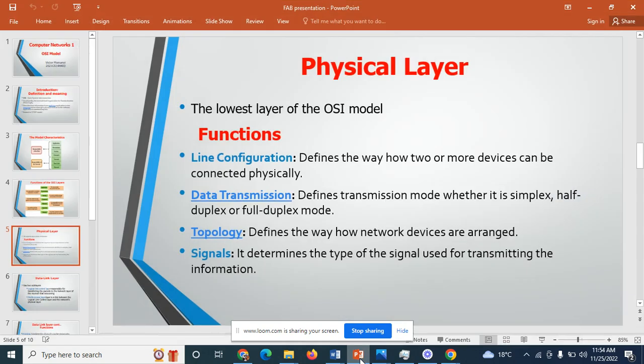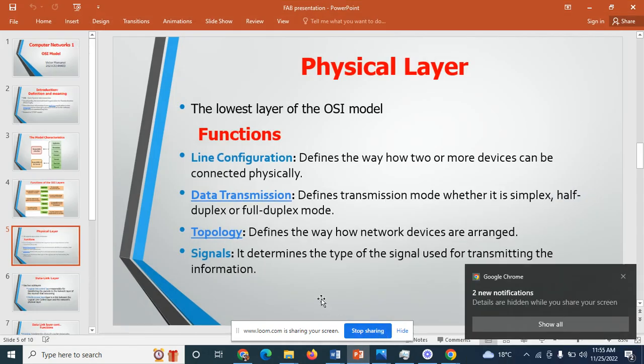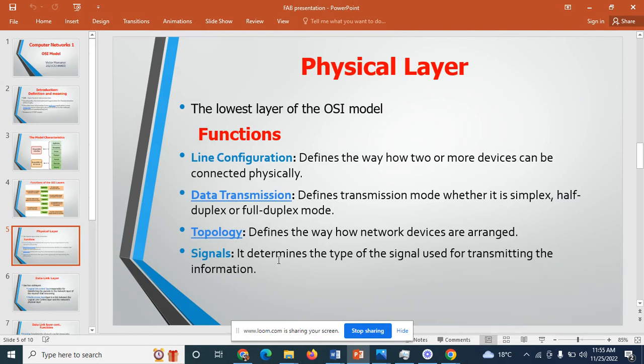You are not connected to your side. You are able to see that side.